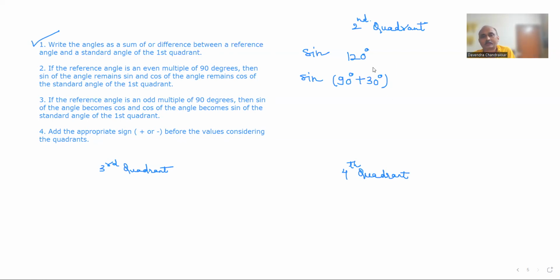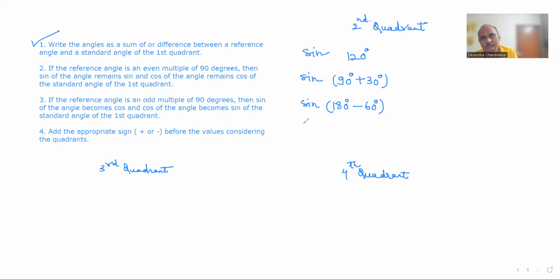So 90 plus 30, and we can also write it as sine of 180 degrees minus 60 degrees. Yes or no?